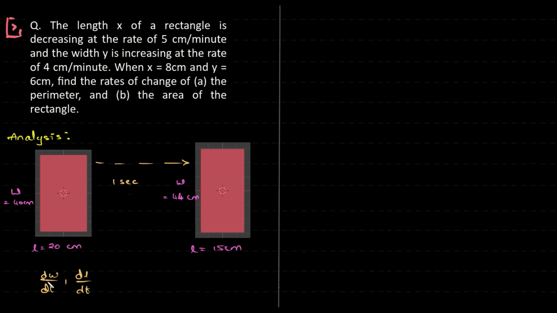There are two quantities that we are dependent on, width and length, and we are looking at dA by dt and dP by dt. I'll just do one of it so that you guys are not confused. There's a direct link, so we don't have to establish anything. Okay, so let's start off.